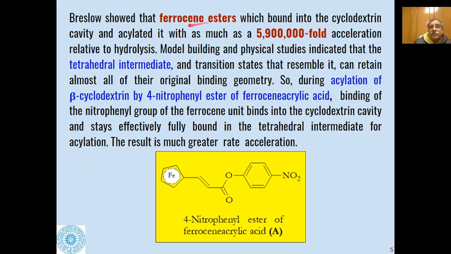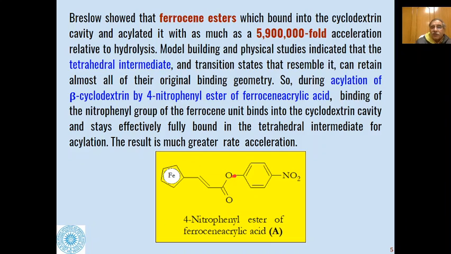Similarly, in case of ferrocene esters, it was found that they bind into the cyclodextrin cavity, and acylation takes place at about 60 lakh folds more relative to the hydrolysis of these esters in the absence of cyclodextrins.